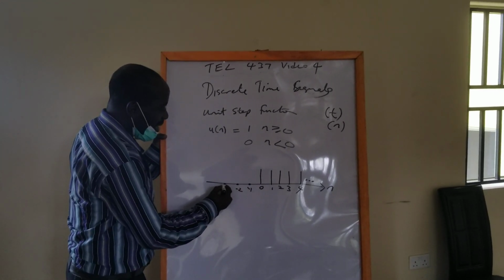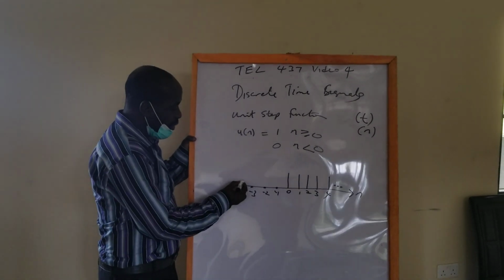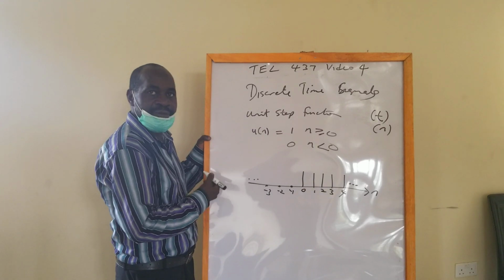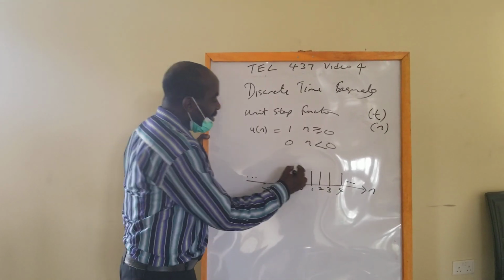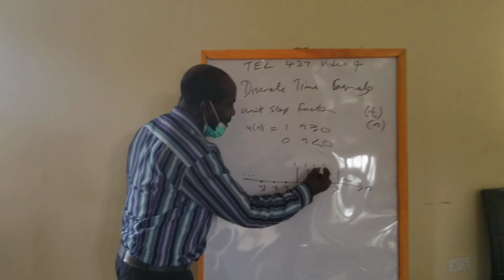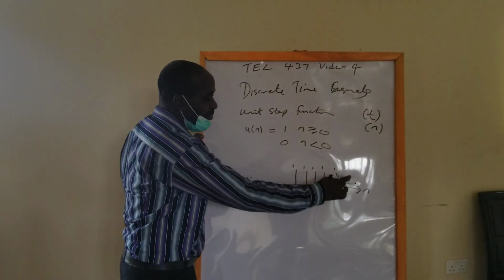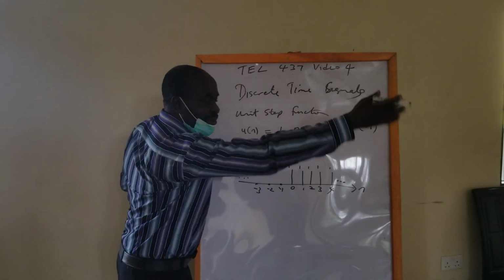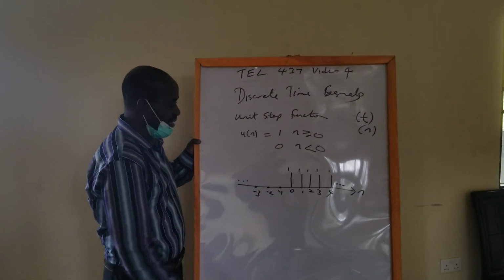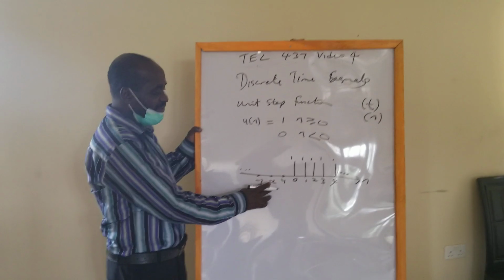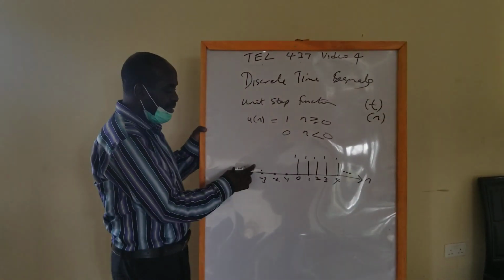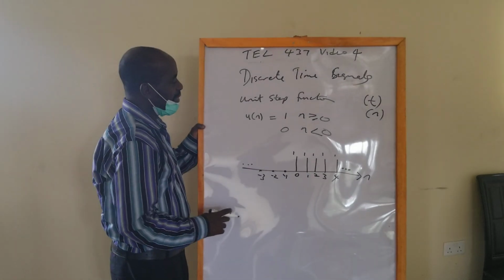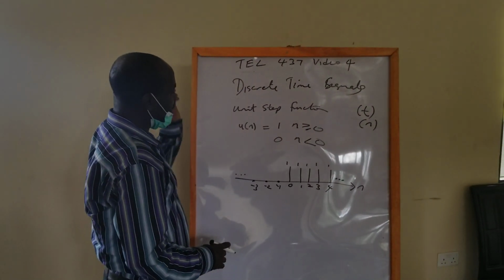At -3, 0. These zero values continue this way. So the height is 1, 1, 1, 1, and dot dot means that at 5 there's 1, at 6 there's 1, and so on up to plus infinity. On the negative side, dot dot means at -4 I'm also having 0, at -5 I'm having 0. And so that's the unit step function.